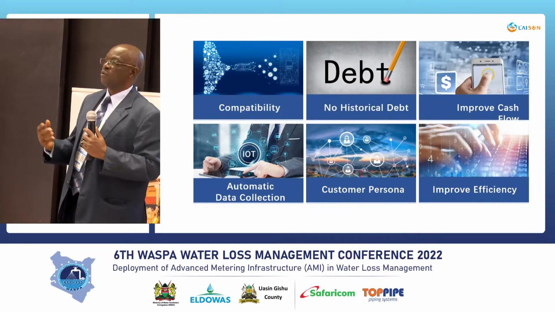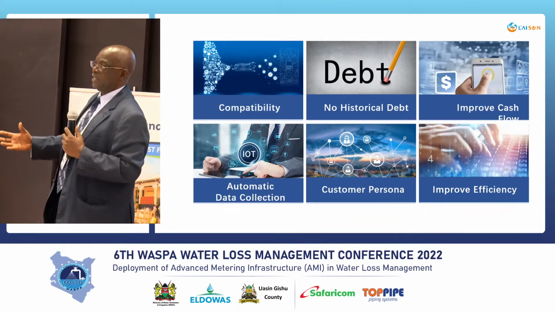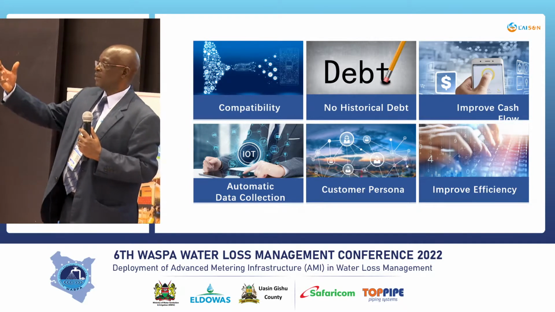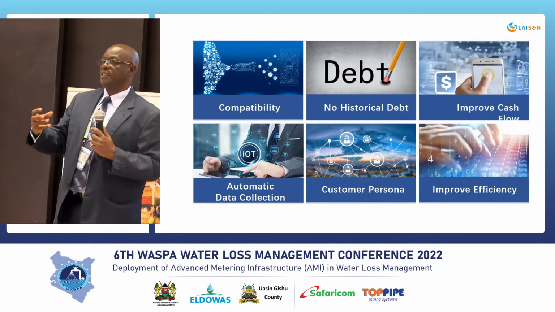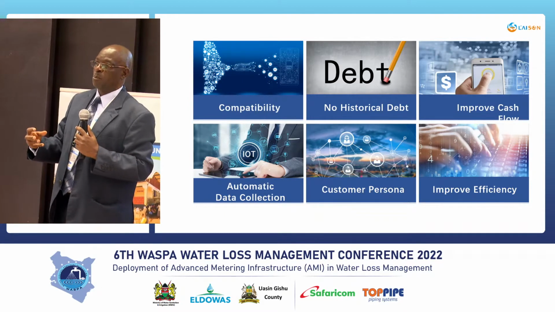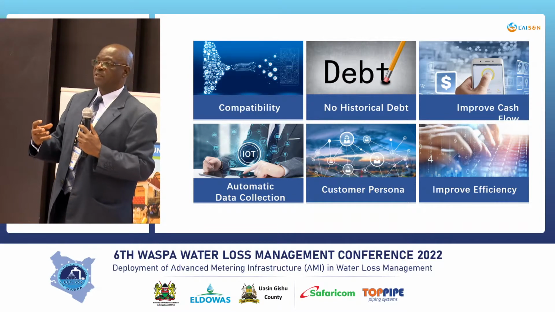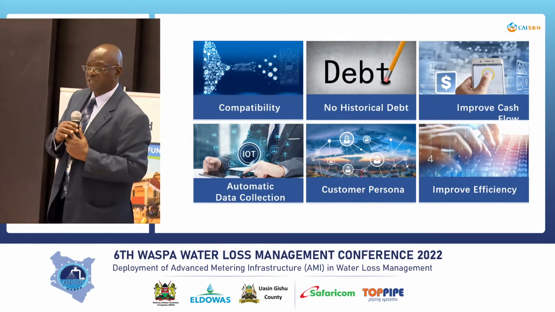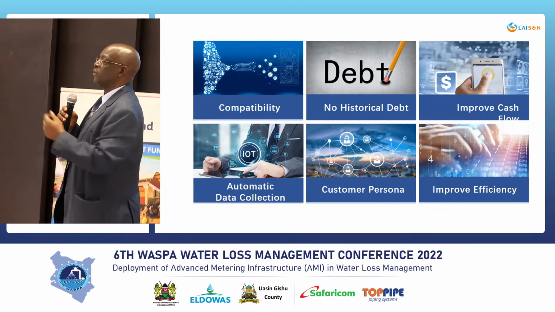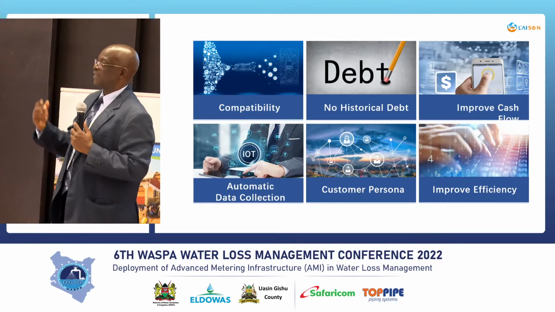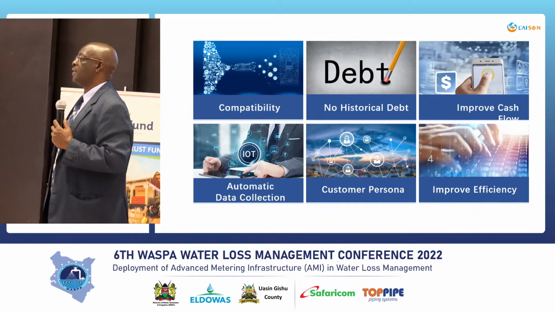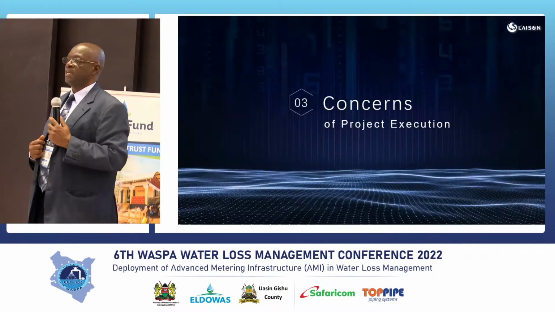For your information, you cannot lose the debts that accrued, because once we install the meter, the debt is loaded to the meter, just the same way as Fuliza. Then we have improved cash flow, automatic data collection, customer persona, and improved efficiency generally.